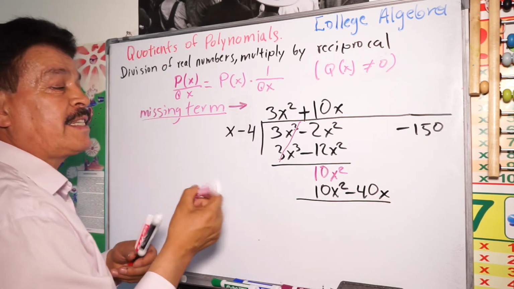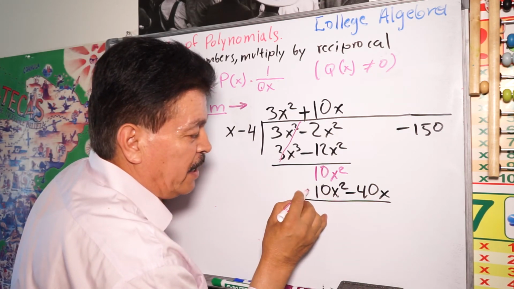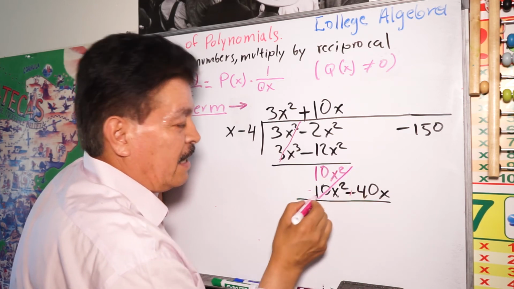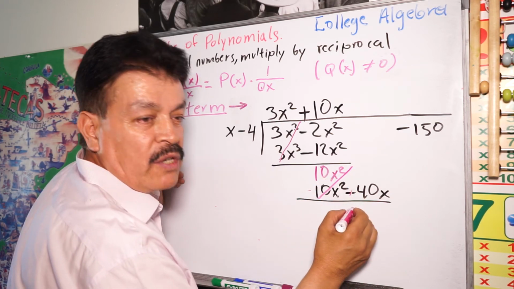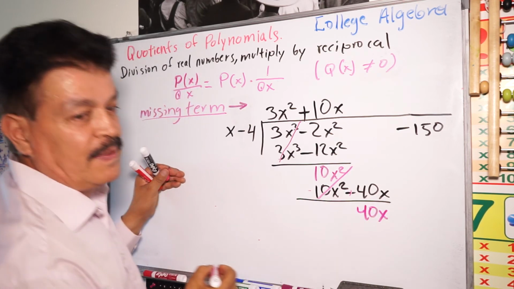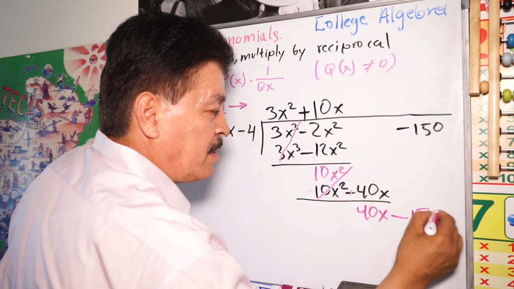So change the signs. Now in the bottom one, change the signs. Here is going to be negative, this is going to be positive. Then cancel here, and then you are going to have what here? Positive 40x. Bring down the next term.